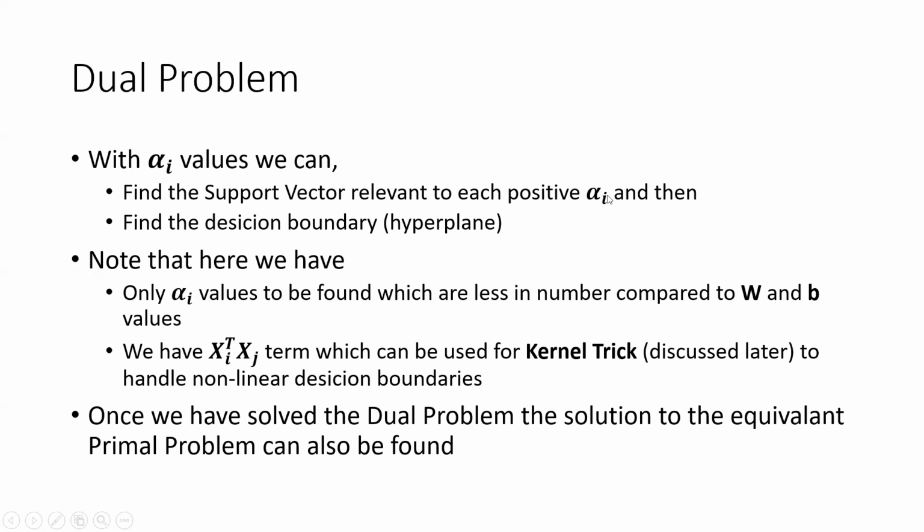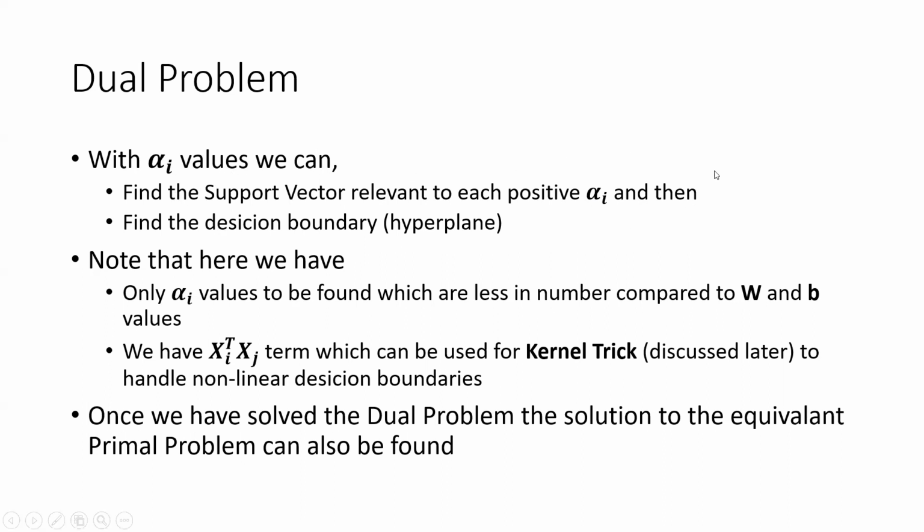These alpha i's are relevant to each of the data points, right? So some of the alpha i's will be positive, which are relevant to the support vectors, and using these alpha i values, we can find the support vectors, right?